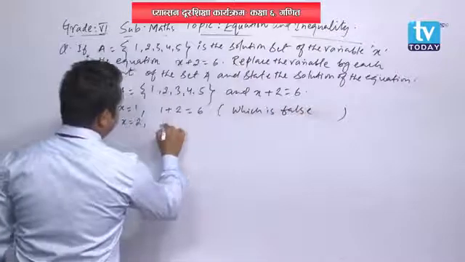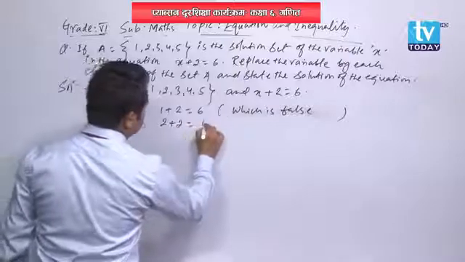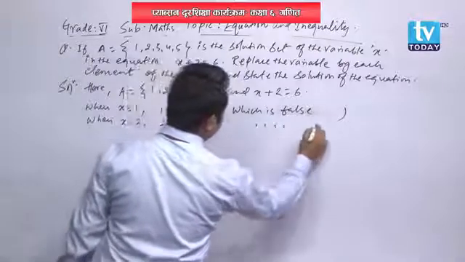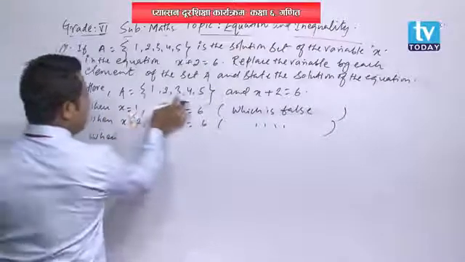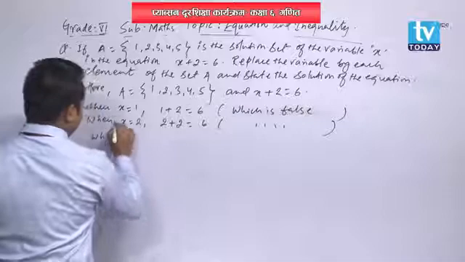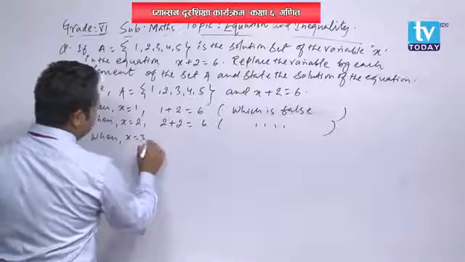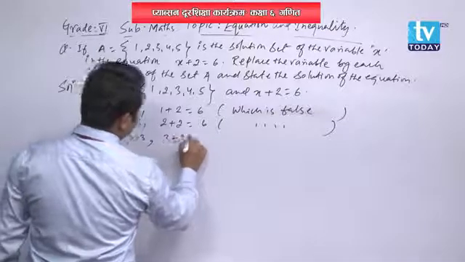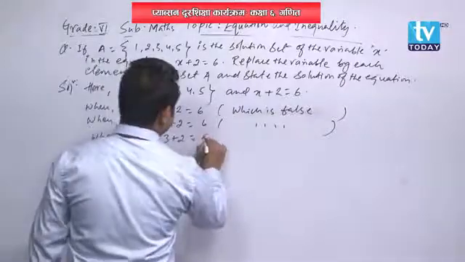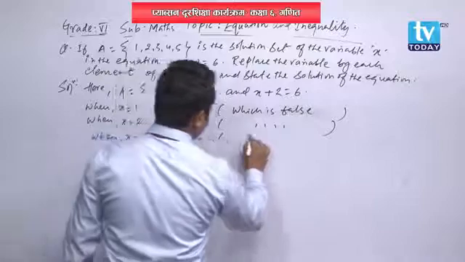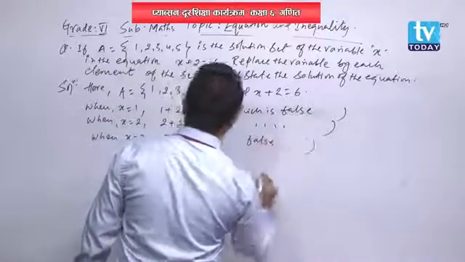When x equals 2, 2 plus 2 equals 6, which is also false. When you replace the value of x by 3, then 3 plus 2 equals 6. This is also a false statement.